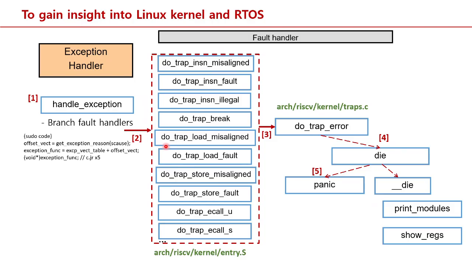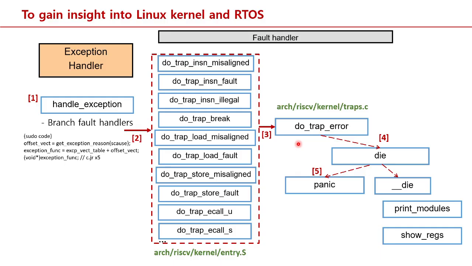Now let's take a look at this diagram to illustrate how the trap is actually implemented in Linux kernel. As you can see, in Linux kernel the trap handler is handle_exception. When the page fault occurs, the program counter moves to the trap handler, and then the call to this function, that is do_trap_load_fault, will be called later, along with other necessary functions to support page fault.